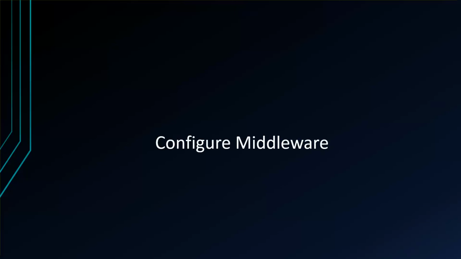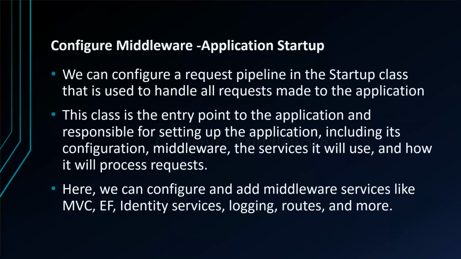So where exactly can we configure these middleware components? What is the place in the MVC6 solution? We can configure our request pipeline in the Startup class, which handles all the requests made to the application. This class is the entry point to the application and is responsible for setting up the application.